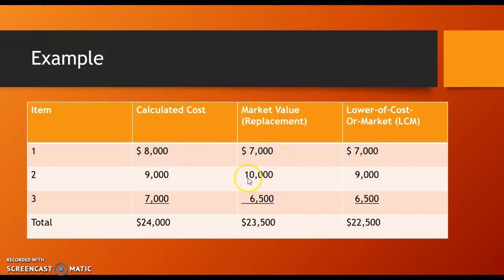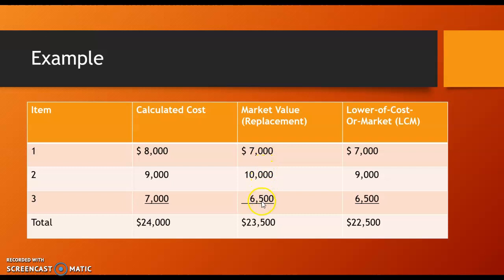The second category is higher, and this is more typical on most inventory, is that as time goes by, the cost of replacing it goes up. And so typically the market value or replacement amount would be higher than what we calculated that our cost is, which is based on amounts that we paid in the past. And the $6,500 here on the third category is once again lower than our calculated cost.